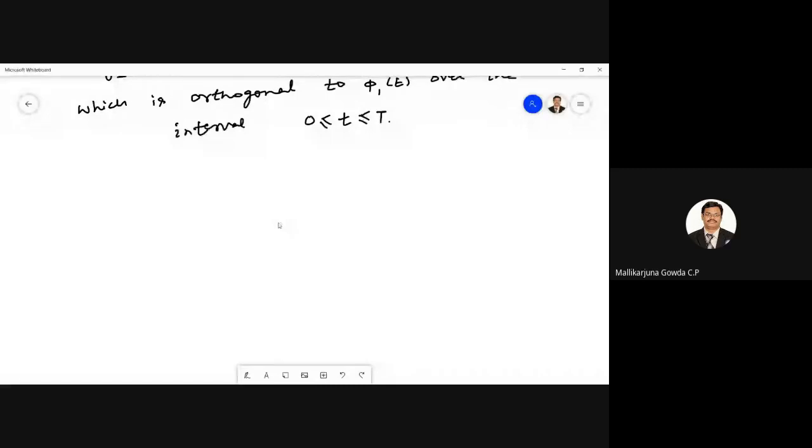In the same way, I can define the second basis function.